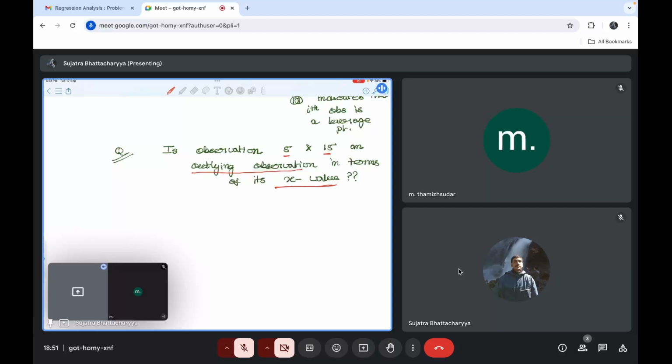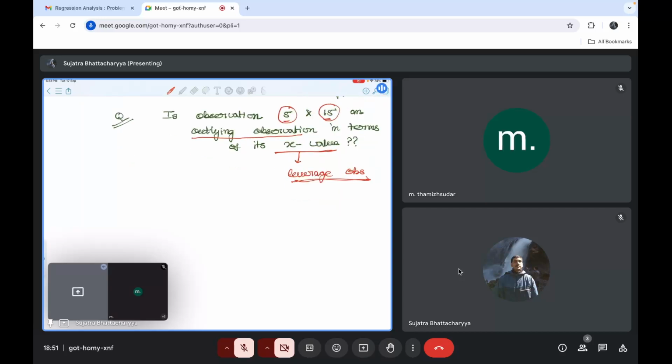In terms of its x value, this statement tells you that you have to understand the leverage observation. You have to find out the leverage observation, whether the fifth one is the leverage point or the 15th is the leverage point. You have to check. Okay, so I'm giving you the H values. Don't worry. So this is related to the table in week 7 as well.